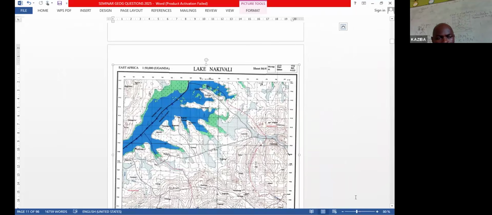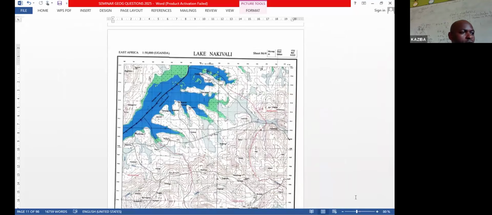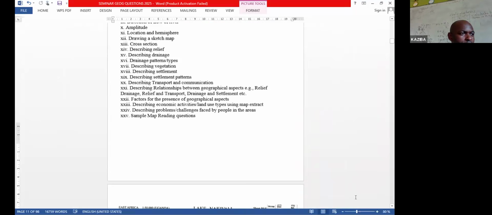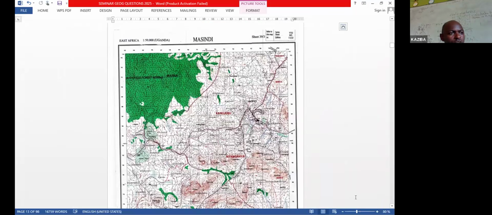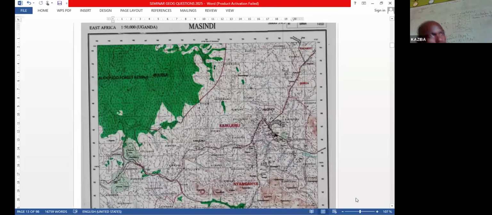They can say between this easting and this, like that. So if they ask you to do that, that's what you do. They can also bring this photograph, and they tell you to calculate the area covered by that forest. That's what you do.